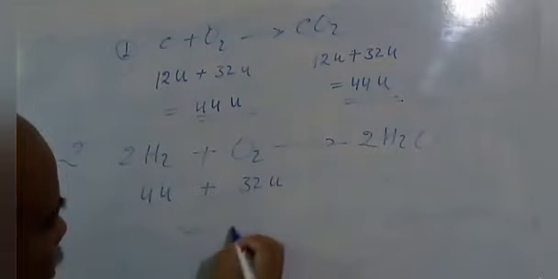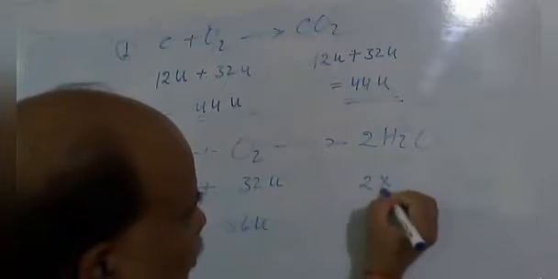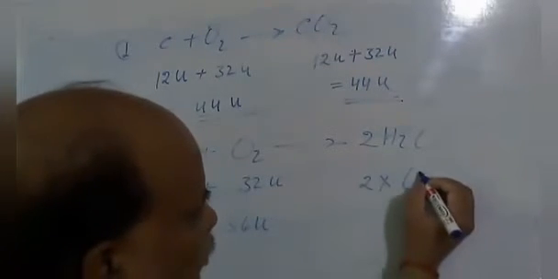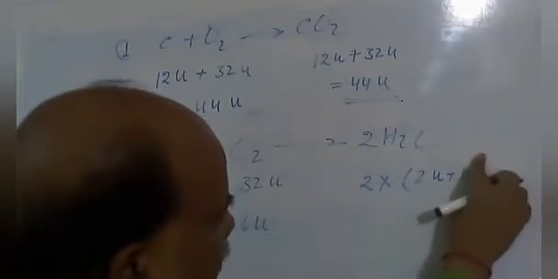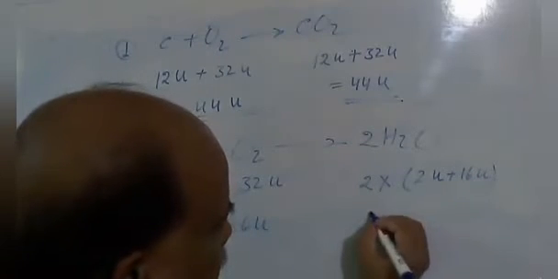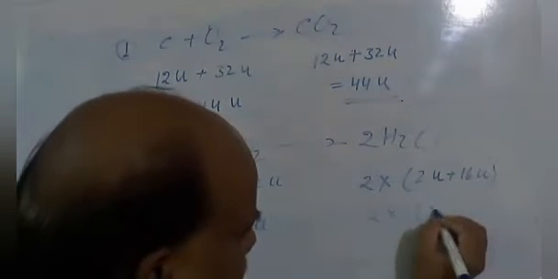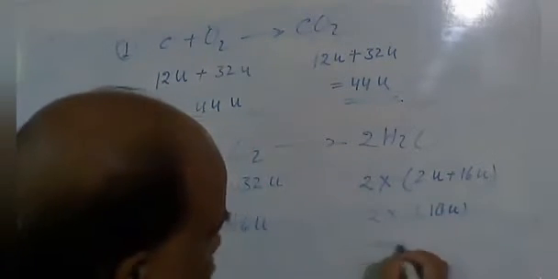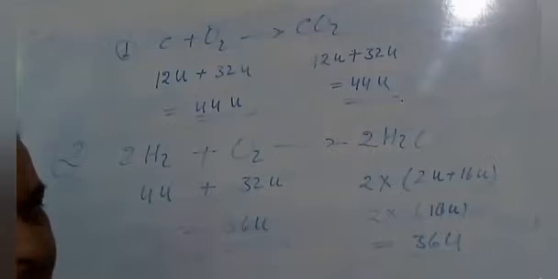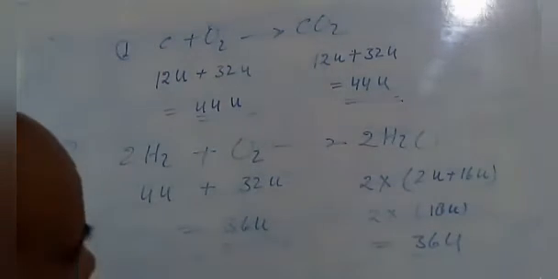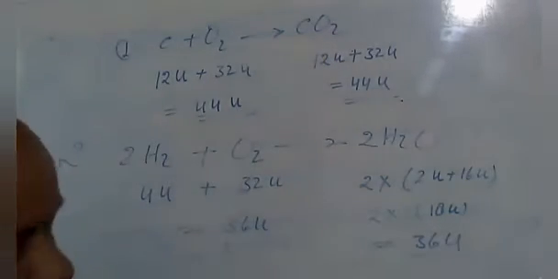It is equal to 36 units. On the product side, 2 into (2 plus 16), that is 2 into 18, equals 36 units. Here we also observe that the total mass of the reactants is equal to the total mass of the product, and we verify this law again. Mass can neither be created nor be destroyed.